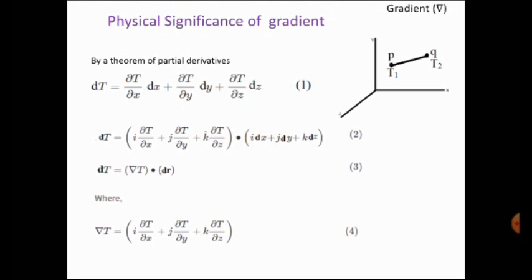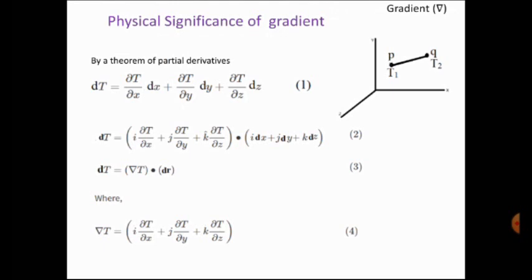The left side of equation 1 is clearly a scalar and the right side of equation 1 seems to be the dot product of two vectors, and hence equation 1 can also be written as dT is equal to i into dou T by dou x plus j into dou T by dou y plus k into dou T by dou z dot i dx plus j dy plus k dz. Put it as equation number 2.